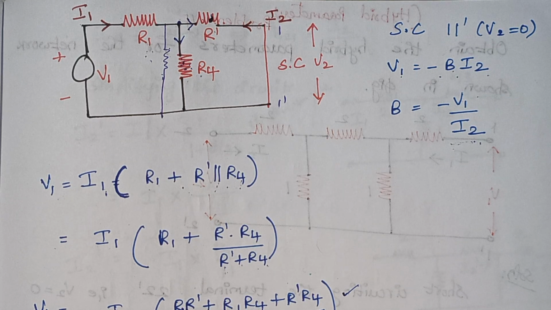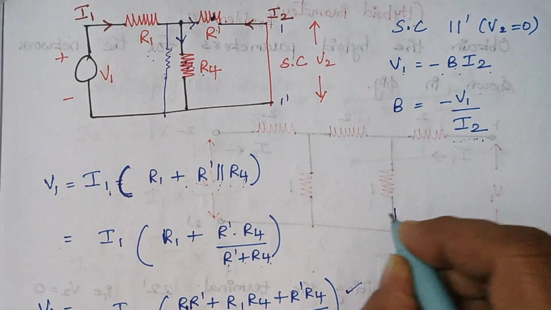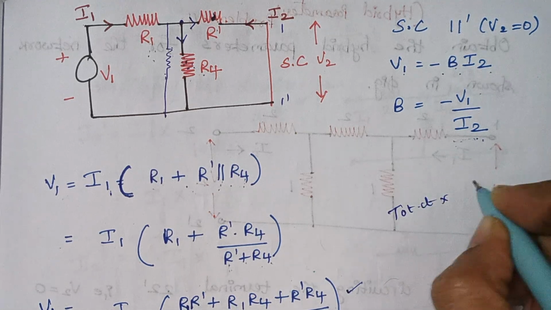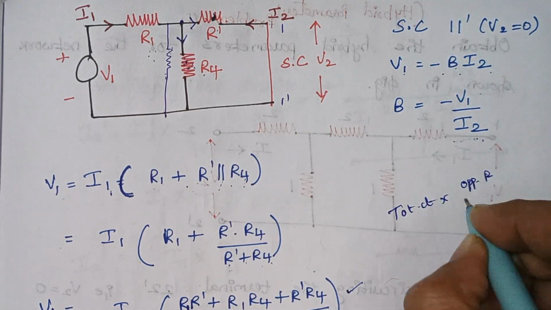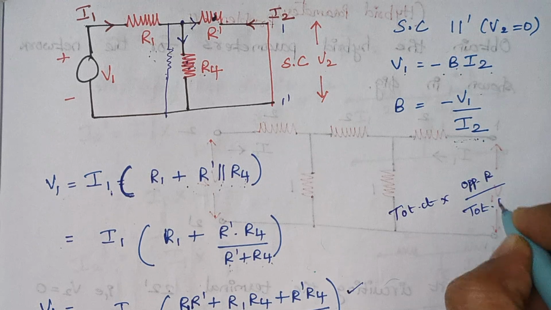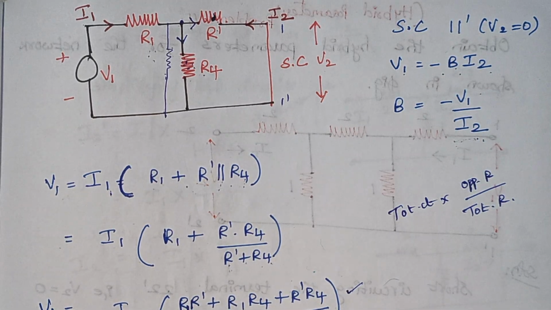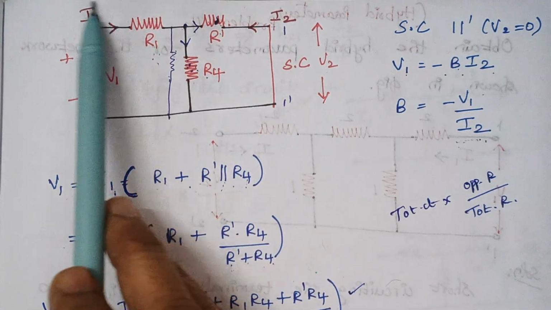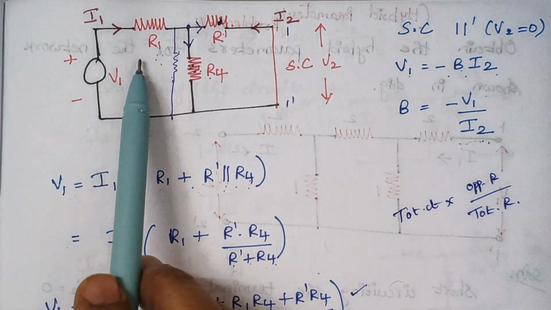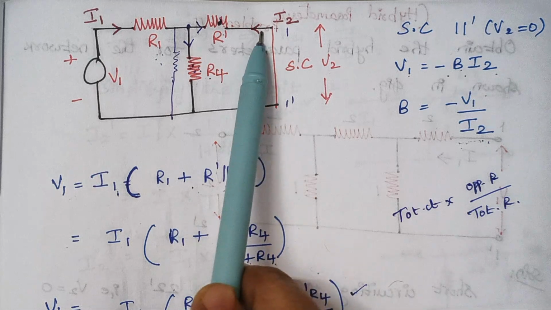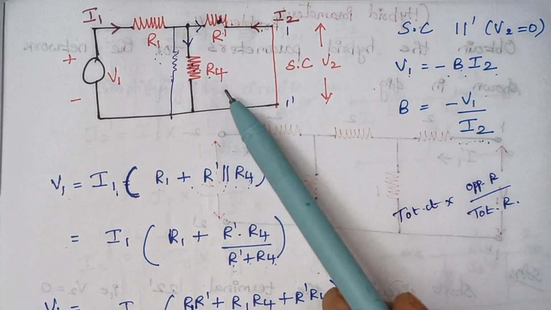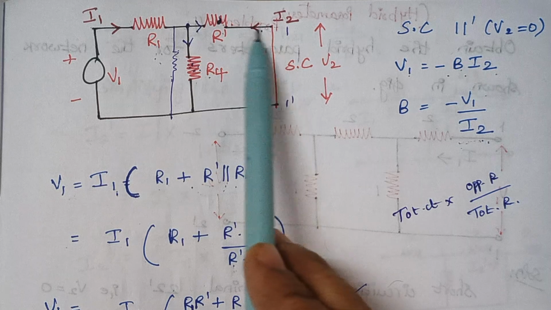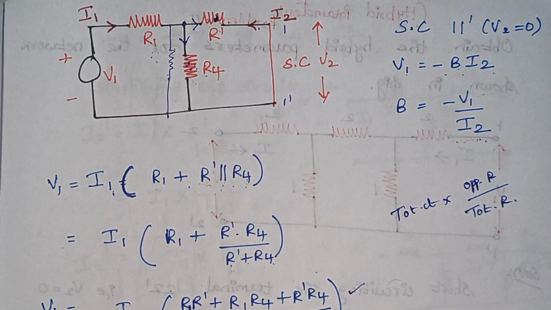The current division rule is nothing but it is total current into opposite resistance divided by total resistance. So here I2 is given by what is the total current? It is I1. Then what is the resistance which is opposite to I2? It is R4 divided by the total resistance is R dash plus R4.